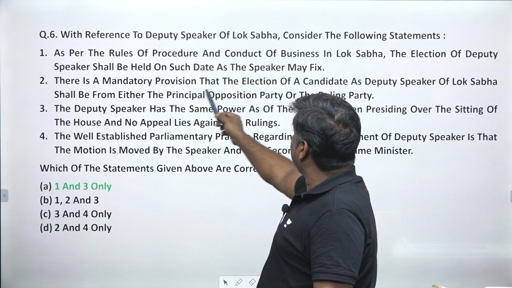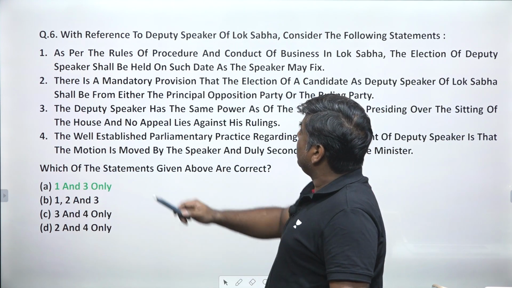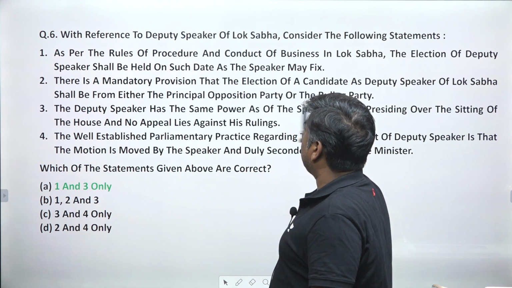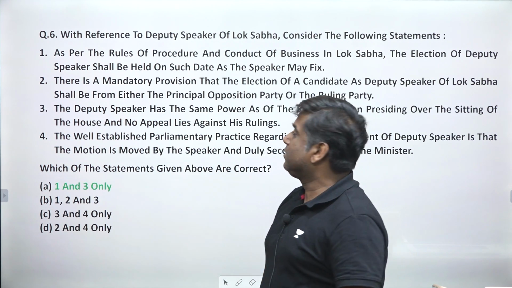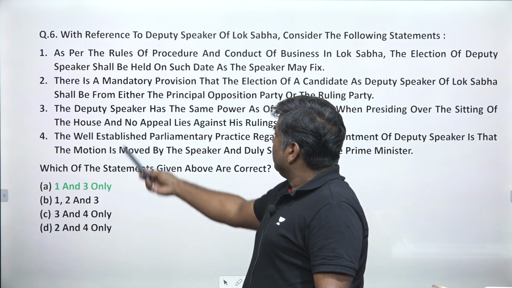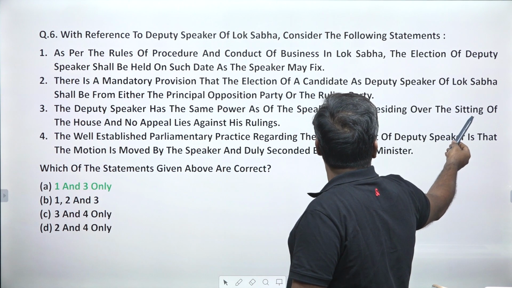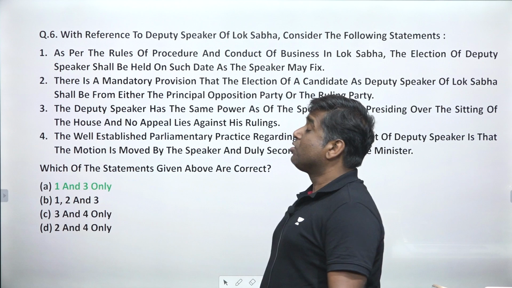There is a mandatory provision that the election of a candidate as Deputy Speaker of Lok Sabha shall be from either the principal opposition party or the ruling party. Again, guys, this mandatory term is a catch. So, 2 is incorrect. The Deputy Speaker has the same power as the Speaker when presiding over the sitting of the House, and no appeal lies against his ruling.